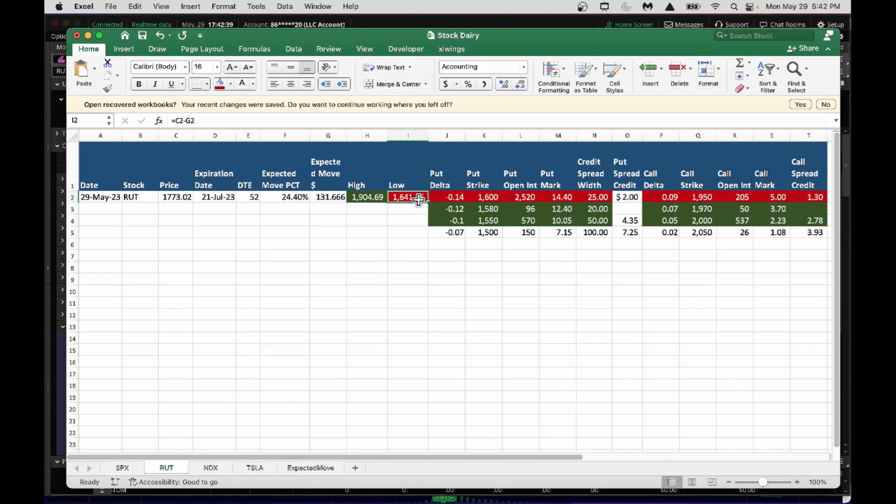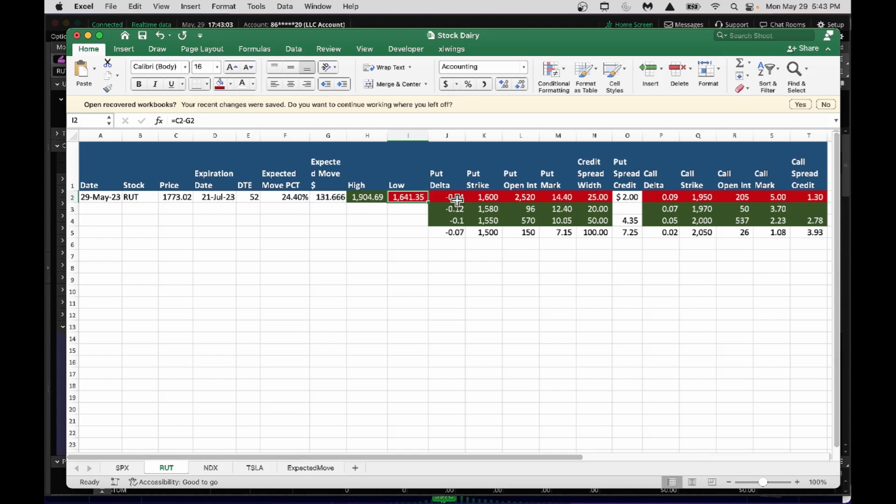So if you're selling credit spreads or even buying butterflies, always make sure your short strike is around this low strike, so that way you don't get sidetracked and you don't lose money. That's why always look at this one here. And what I've also done is I've looked at delta levels here. In the Thinkorswim platform, you can see this very well.